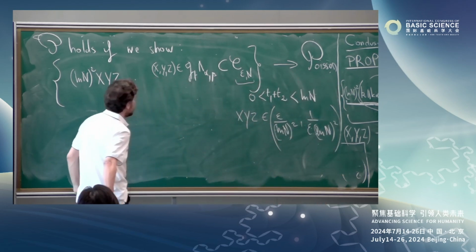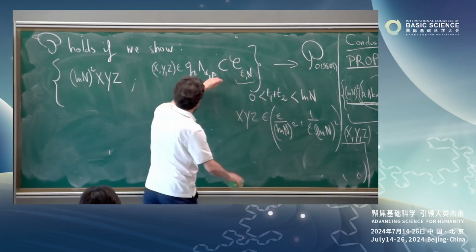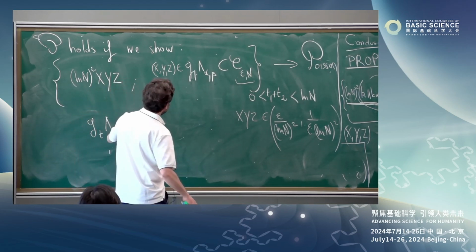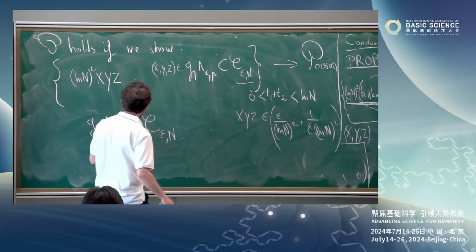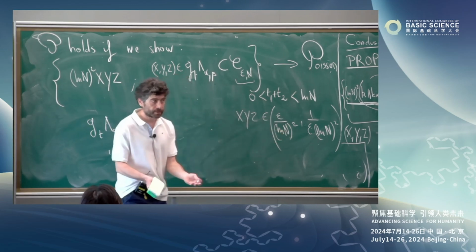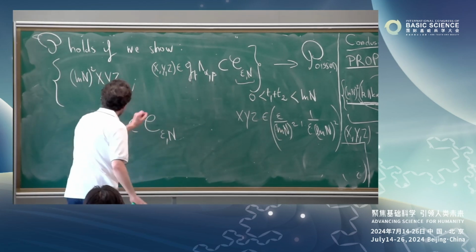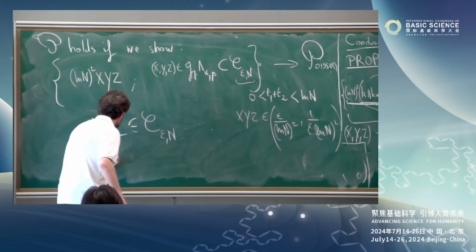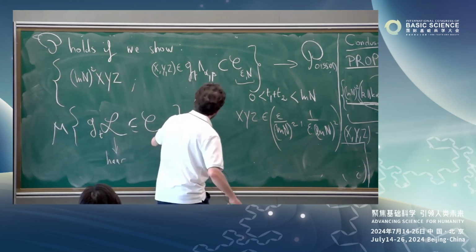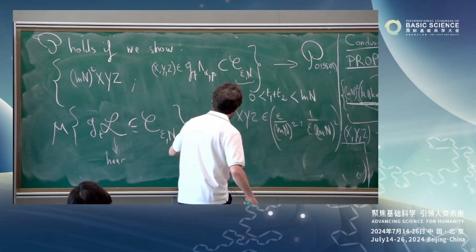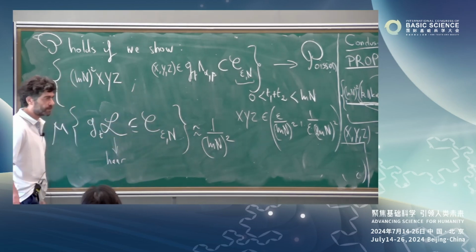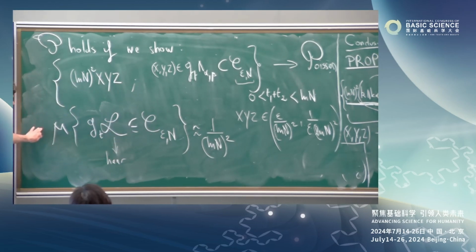So this event, g_t lambda alpha beta in C epsilon n, having this short vector, has Haar measure, probability comparable to 1 over log n squared. There are the epsilons, but this is not important.